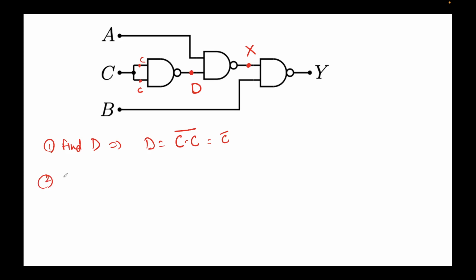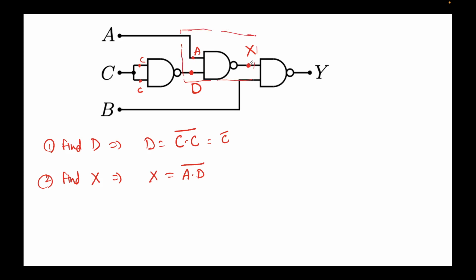As a next step, we'll find X. How do we find X? X is also the output of a NAND gate. For a NAND gate, you write the two inputs first. The two inputs in this case are A and D. You AND them and you negate them. Look at only this fellow in the red box.